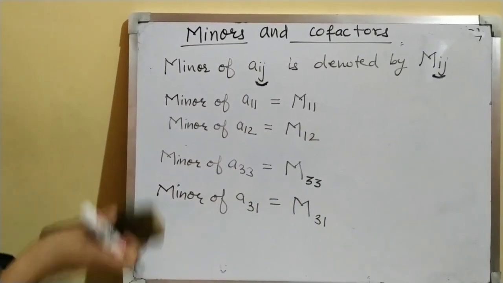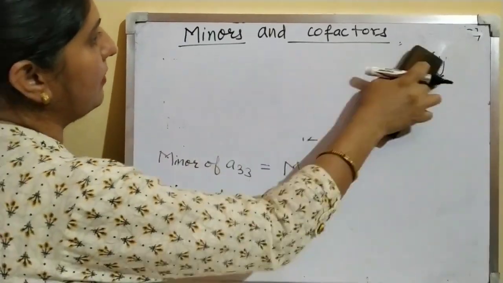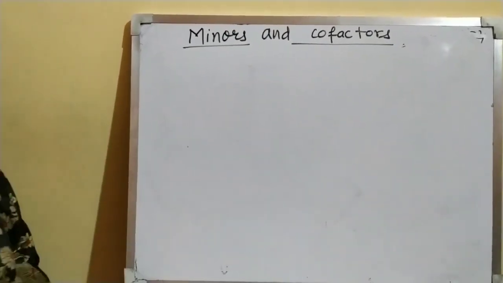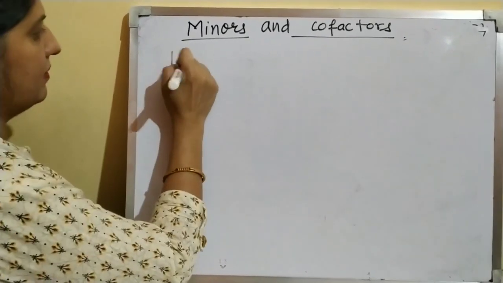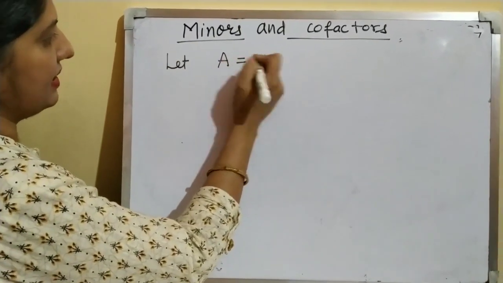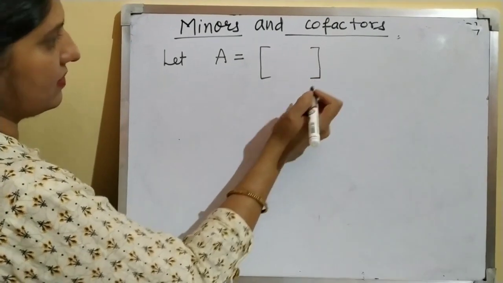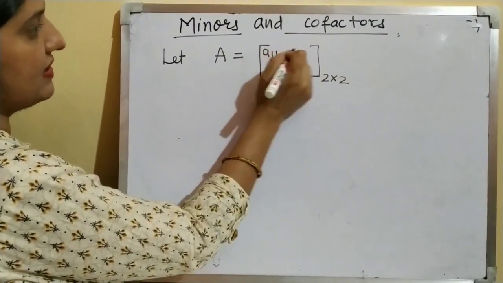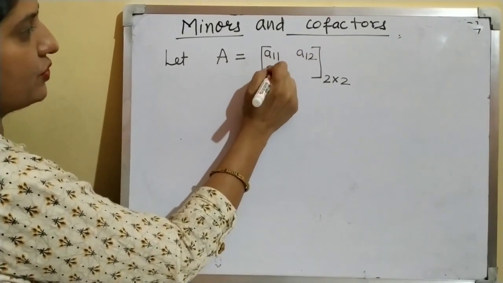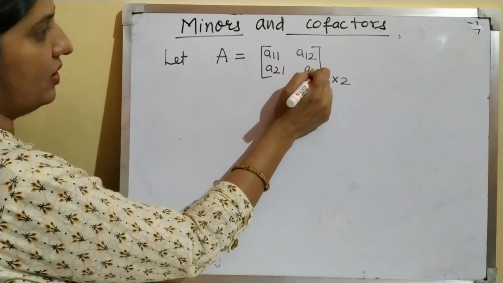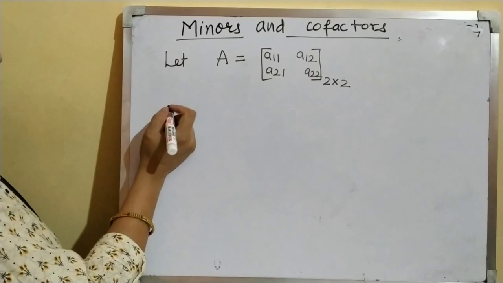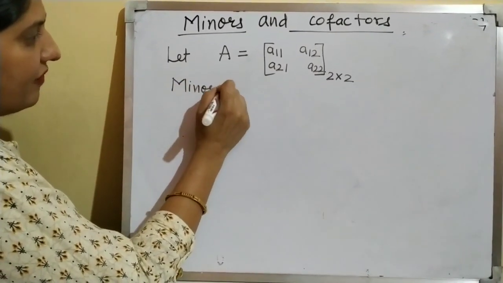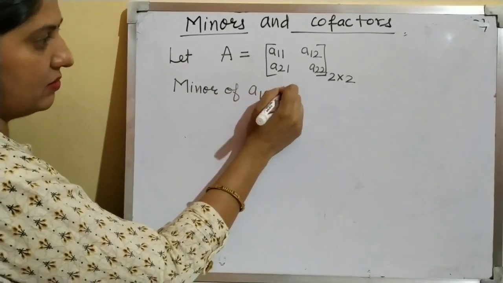Now we will find minors of some elements. Let A be a square matrix of order 2 by 2 with entries A11, A12, A21, A22. We have to find the minor of A11.